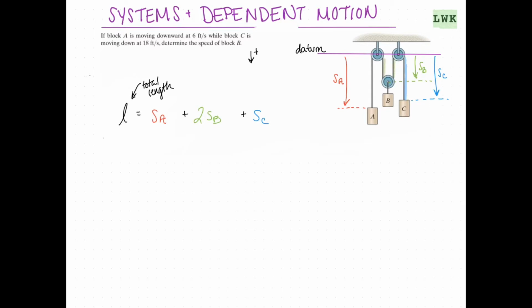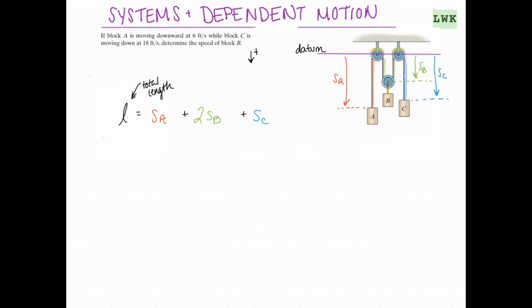You can see we cut in the middle of the pulley, so we could use this length for SB twice, and plus this red length here for SA. If you add all of these up, that's going to give you the total length. And anything here in yellow, so the top of B and the tops of these pulleys, we are going to neglect for these types of problems. So this is our equation for our length.